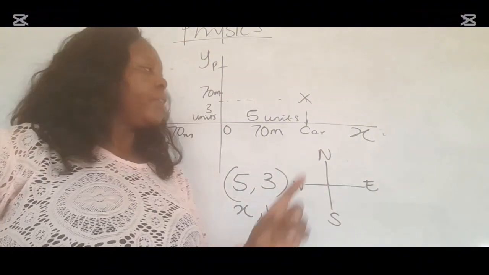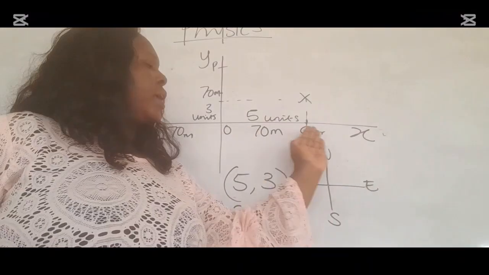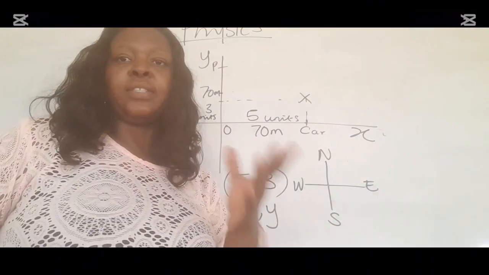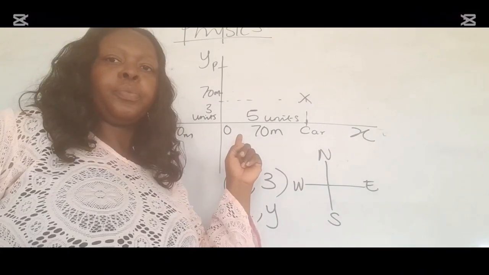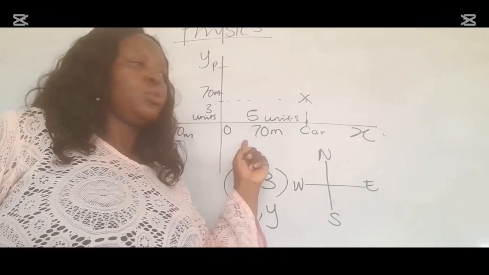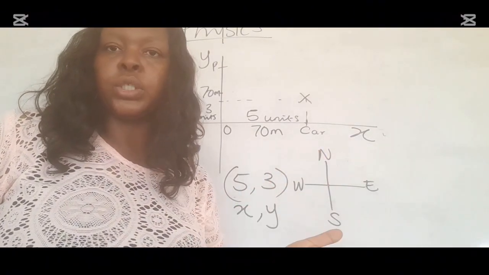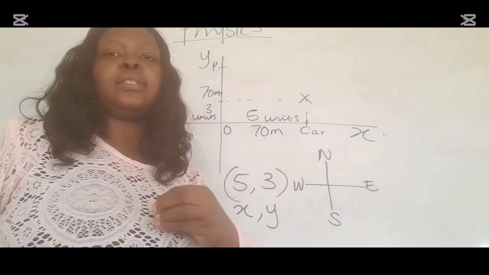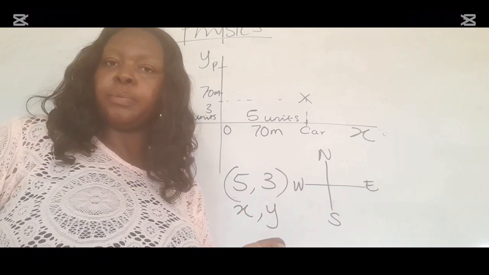Now, distance is only the measure from the origin to where the car is, but it does not tell us the direction. But when the distance is given and the direction is added to it, then we have what is called displacement.